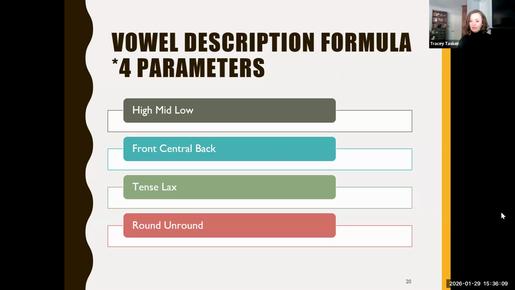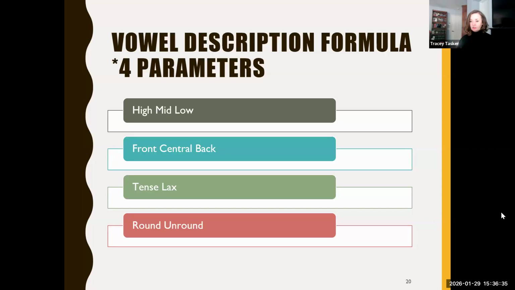Just in summary, when we're talking about vowels, we're going to talk about whether they're high, mid, or low. So your tongue is high in your mouth, or mid or low. We're going to talk about, remember when we're looking at our quadrilateral, that x-axis was whether your tongue was front, central, or back. So E in the front, ah in the back.